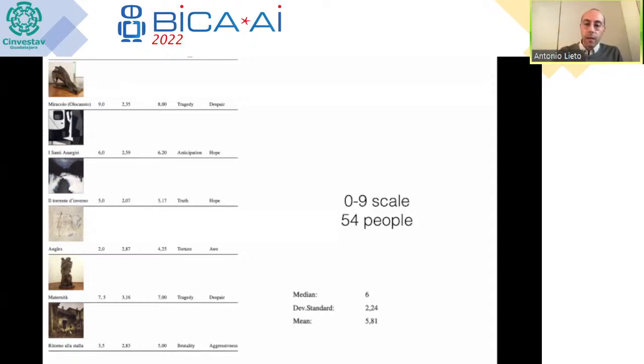We have a median answer of 6 and a mean of 5.81. Remember that also in this case we were dealing with deaf people, so this was a particular subgroup that we investigated. On a scale of 0 to 9, this is a sort of acceptable rating.